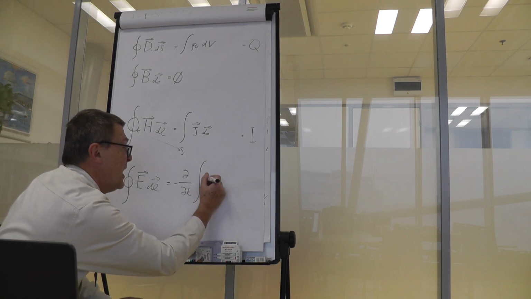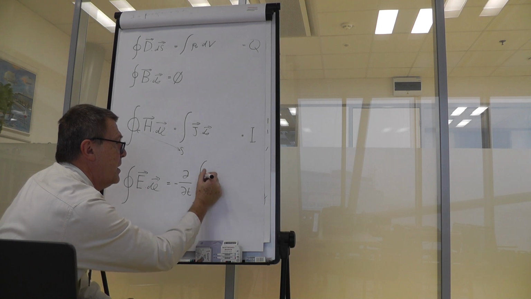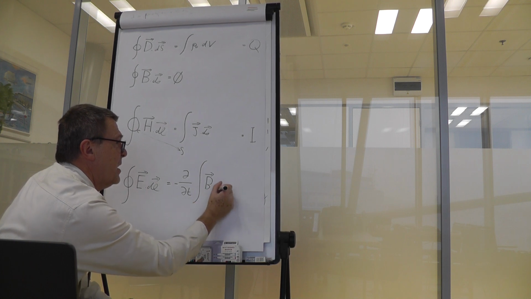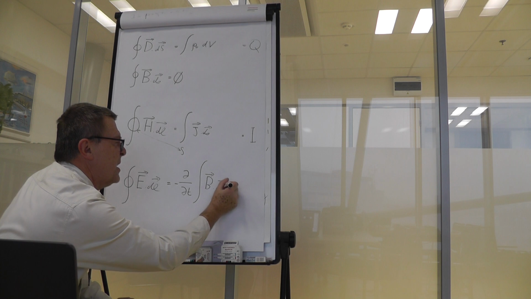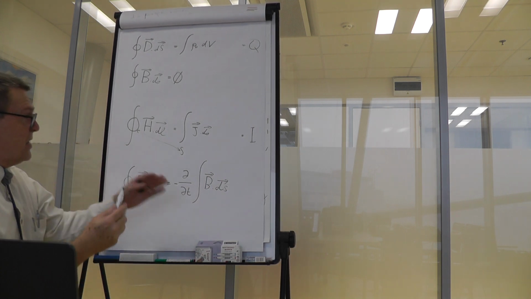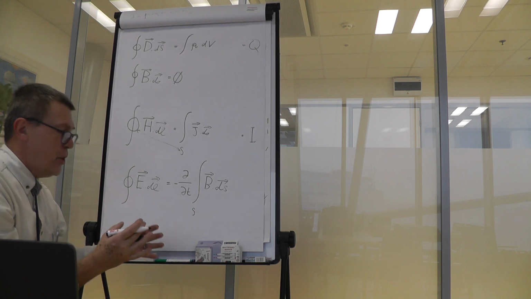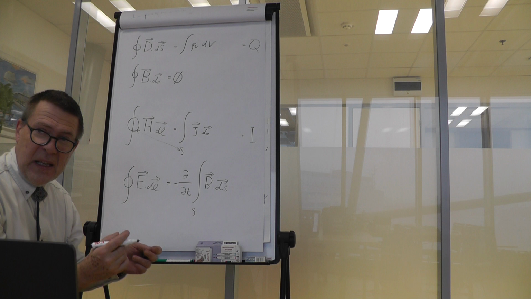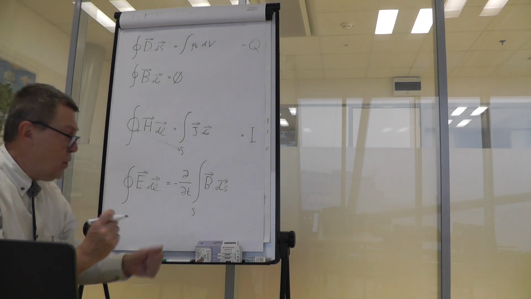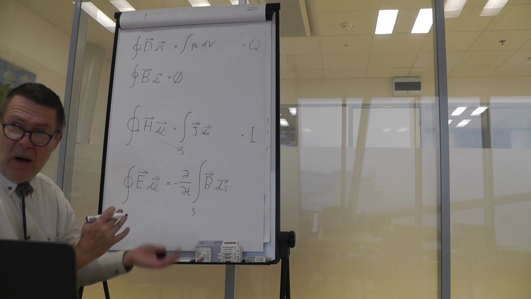So we would have here B dS. Again, there is the same story. We integrate over a surface which is tied to the loop like a membrane to a drum.